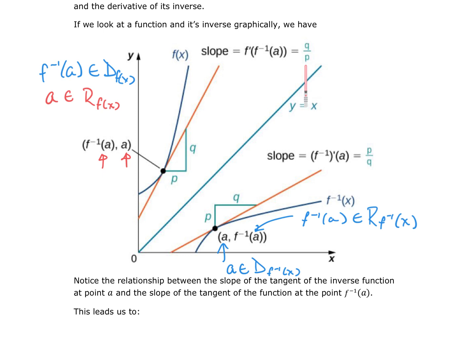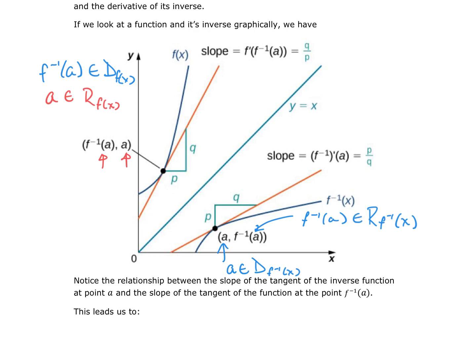Because domains become ranges and ranges become domains, the derivative at this point, which is a comma f inverse of a, its slope of the tangent is f inverse prime of a, and it becomes p over q. Notice how this is q over p and this becomes p over q.